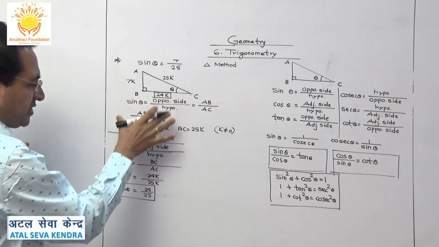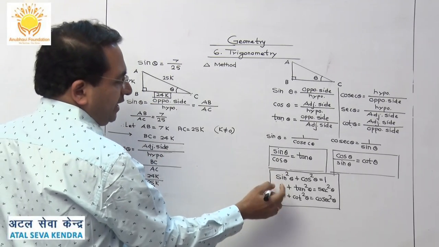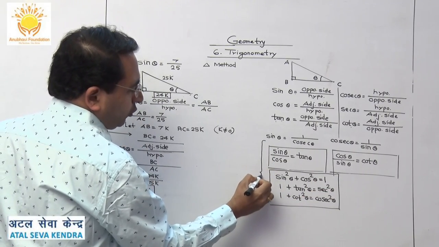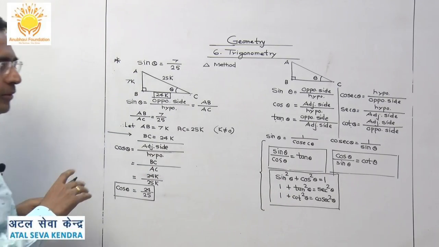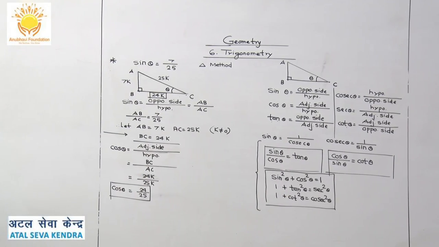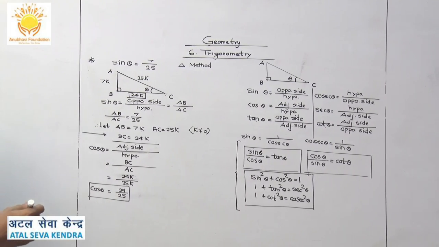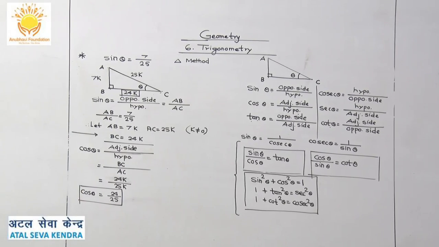I will solve the same sum now by using identities. Identities means this part. So basically you should be very thorough with the formula list if you want to do this problem surely by using the formula method or using identities. Let us try the same sum by using identities now.